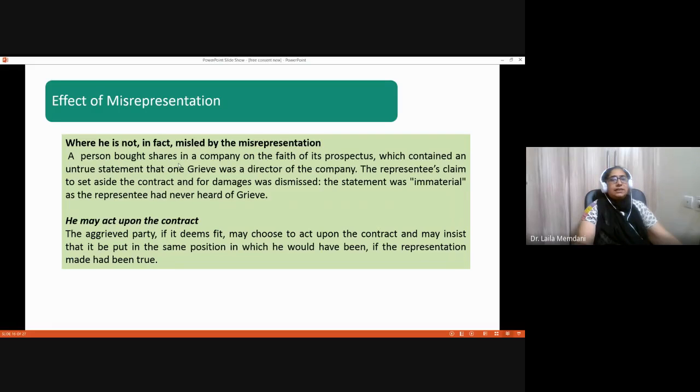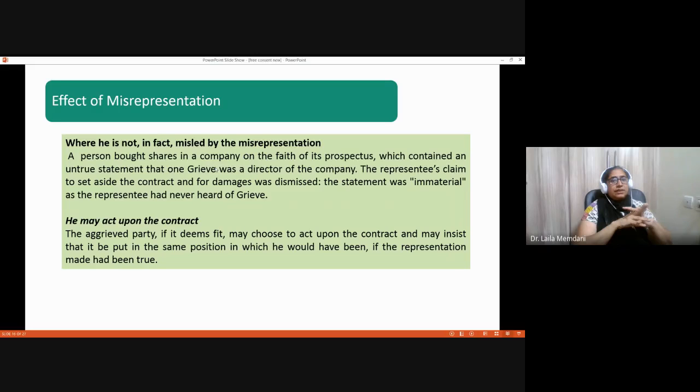Now, Mr. A says that Mr. Grieve is not a director of the company and he wants to avoid the contract. But Mr. A was not aware of who is Mr. Grieve. Then his decision is not based on what is given in the prospectus, and therefore he cannot avoid the contract.